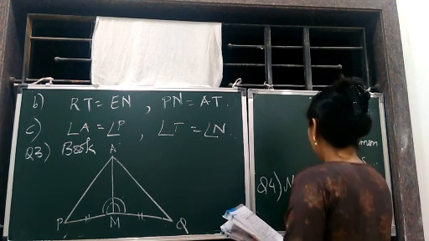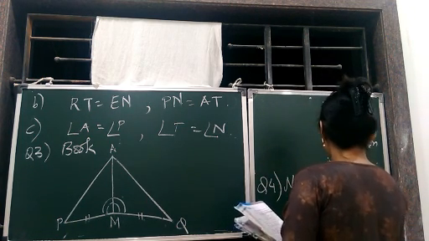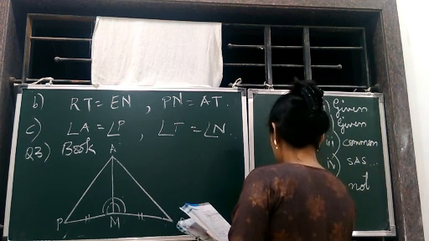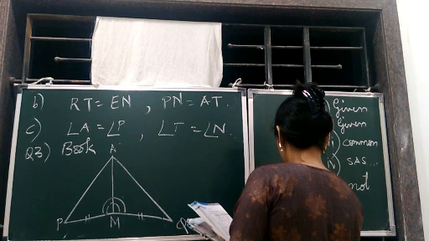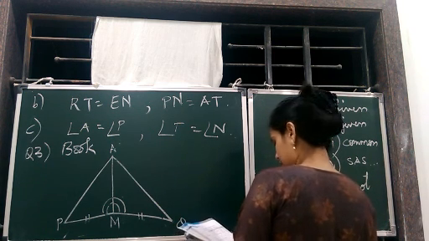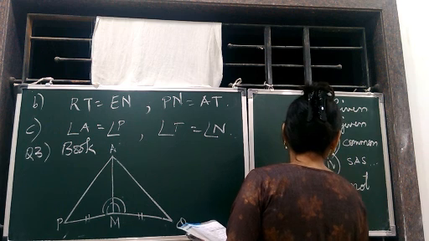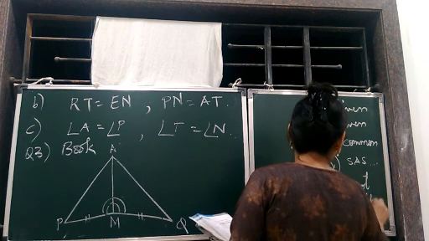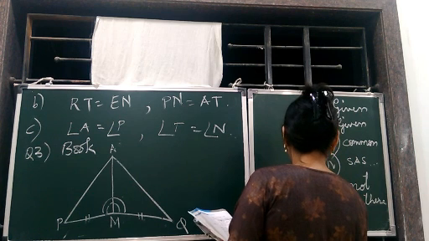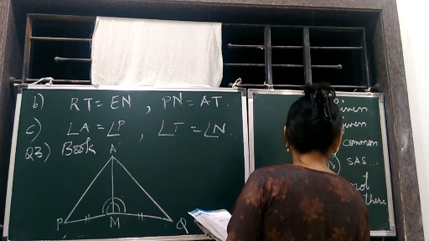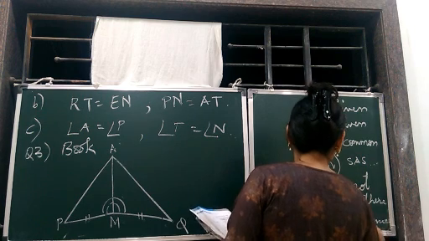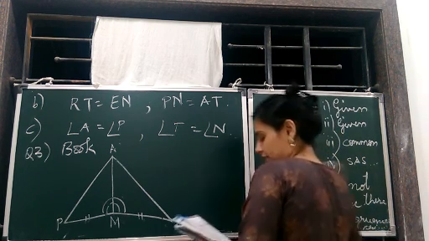So what we will write? No, it's not justified. He's not justified because, you can write, there is no angle congruency criterion. Okay, children, please complete it.